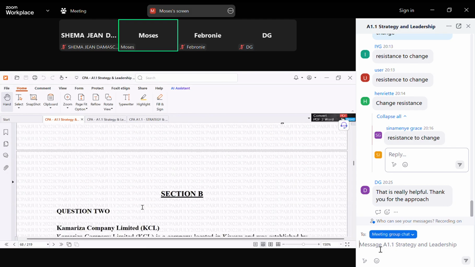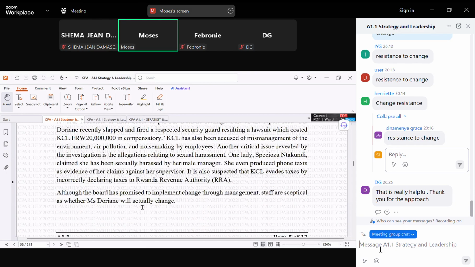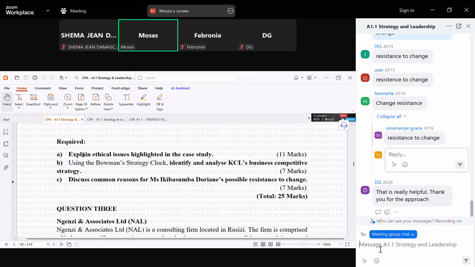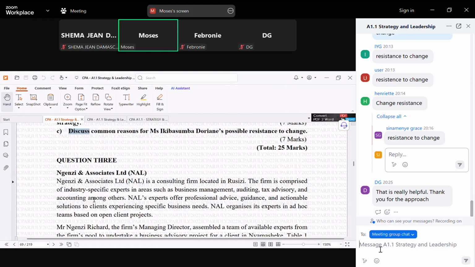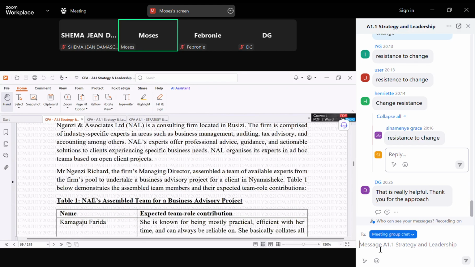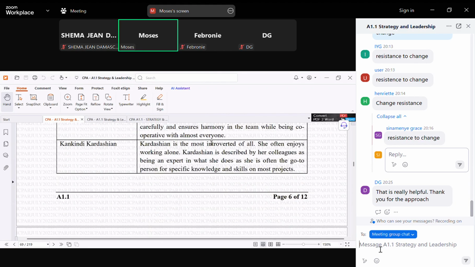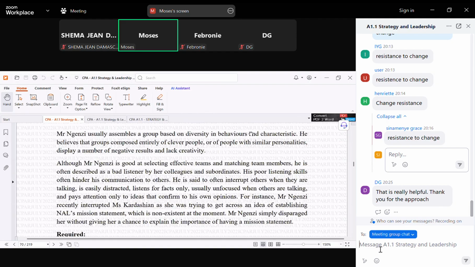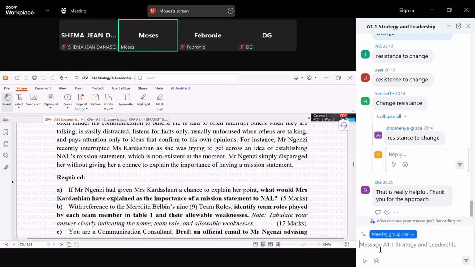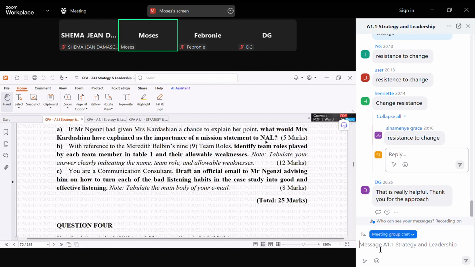Let's go to question 2. Question 2, part A says explain. Part B says identify and analyze. C says discuss. Question 3, part A is a straight question, what?